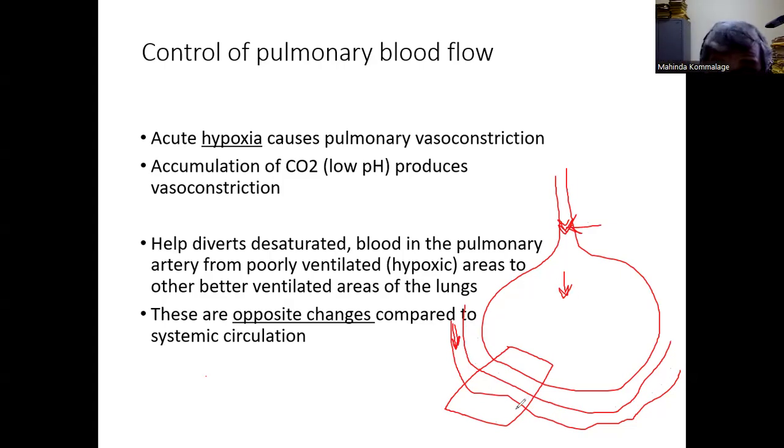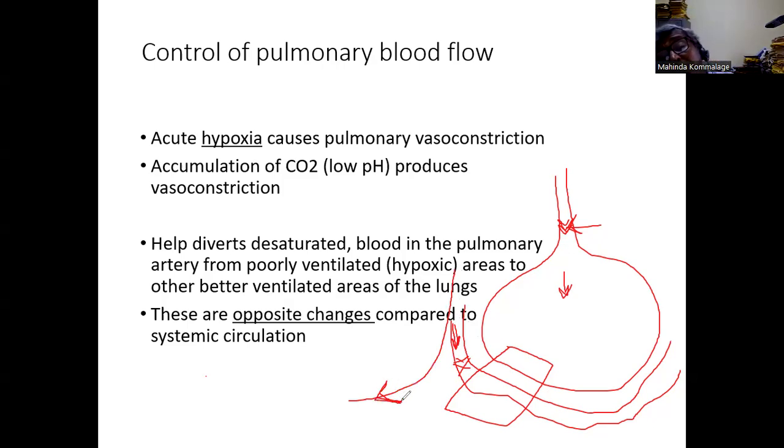So what happens if there is a hypoxia? This capillary will constrict. They will constrict and stop the blood flow to this area or to this alveoli, and then blood flow can divert to some other good alveoli.